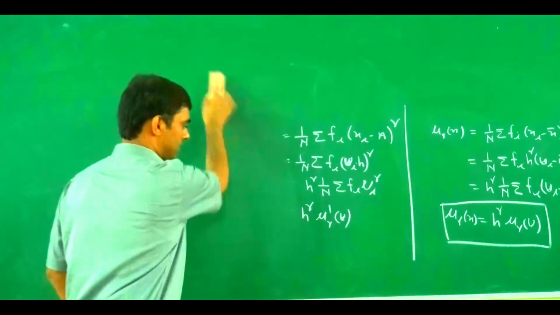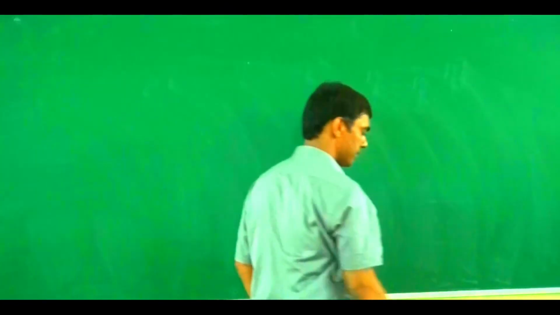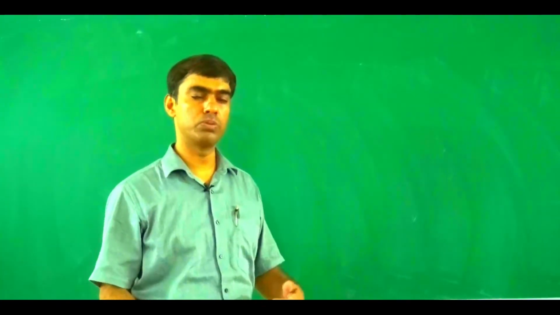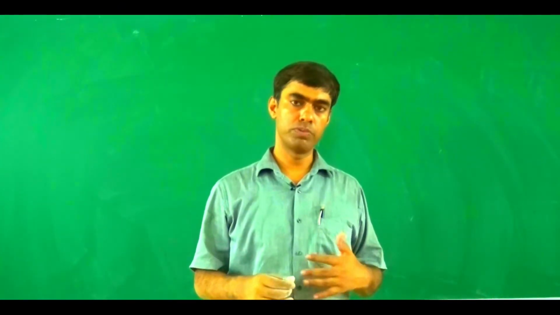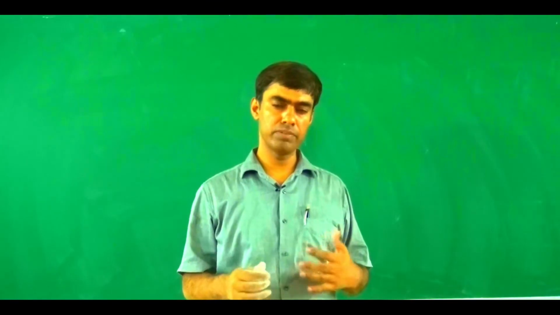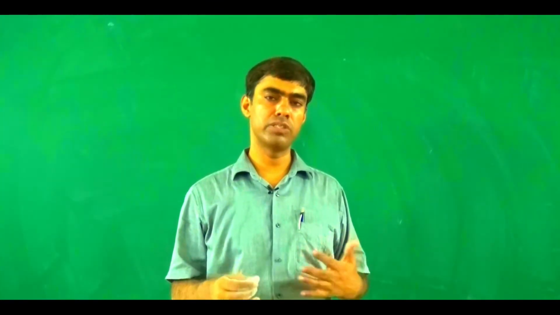Now one of the things that we define here, which is based on moments: Karl Pearson defined four coefficients. The names of these coefficients are beta 1, beta 2, gamma 1 and gamma 2.